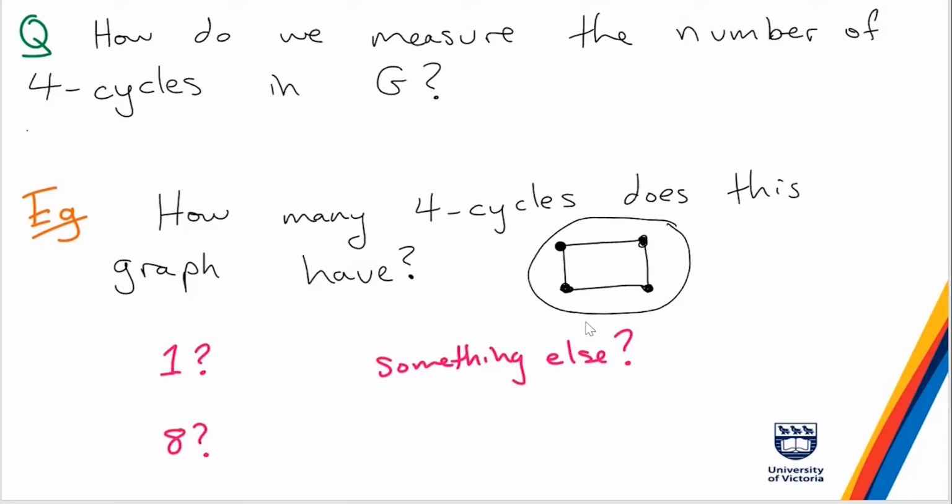But if you count labeled copies, with different kinds of symmetries, you might come up with 8, right? Because I could label the 4-cycle 1, 2, 3, 4.